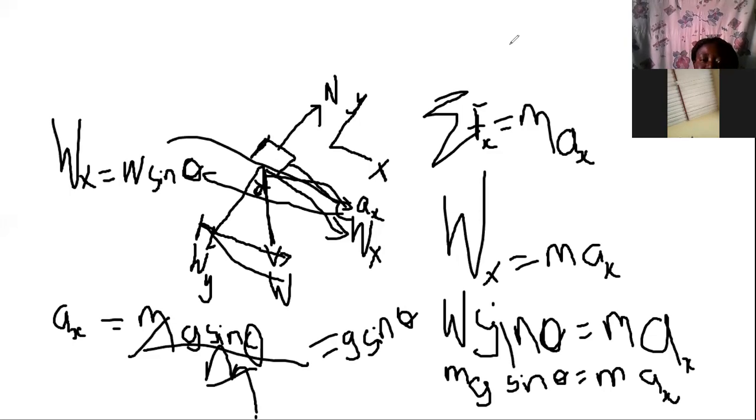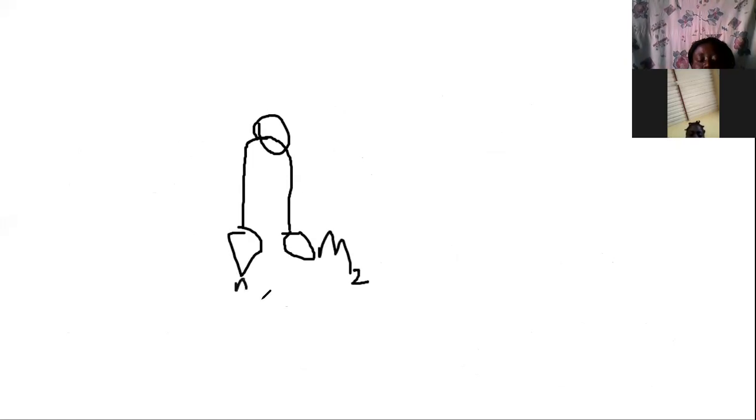So you have objects connected together like this, and maybe there's a pulley there. Let me say this is mass 2 and this is mass 1. These two objects are connected together by that rope, that string or whatsoever.